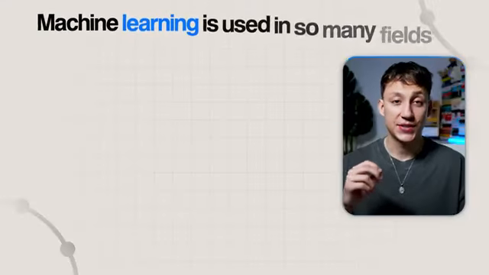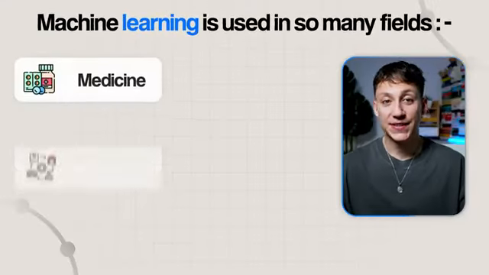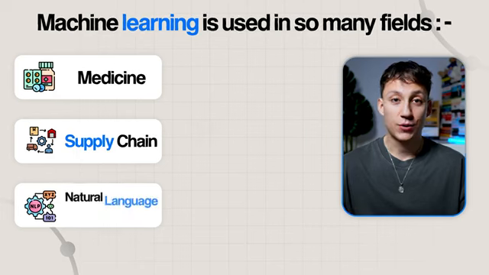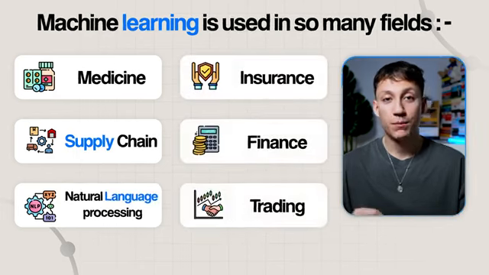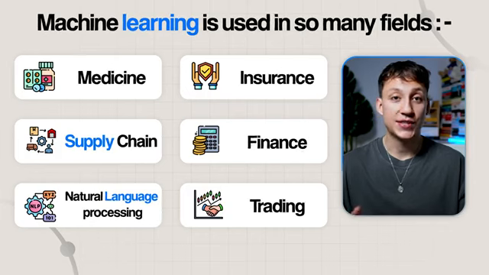Machine learning is used in so many fields like medicine, supply chain, natural language processing, insurance, finance and trading. I mean, the list goes on. Pretty much any industry uses some form of machine learning nowadays. The best example of machine learning that I think most people are aware of is the recommendation engines on all these social media platforms.